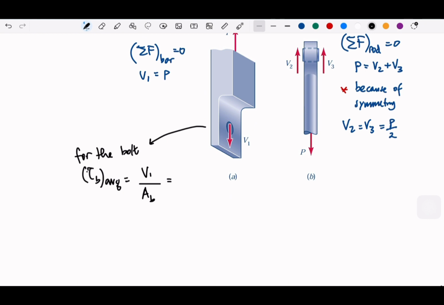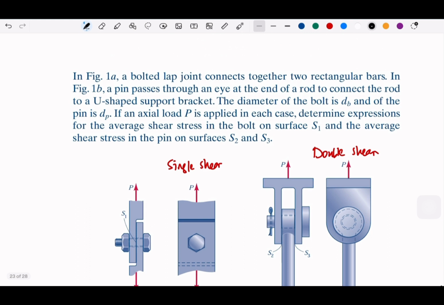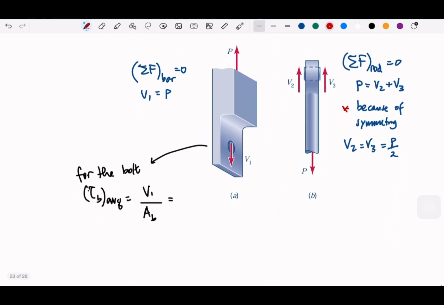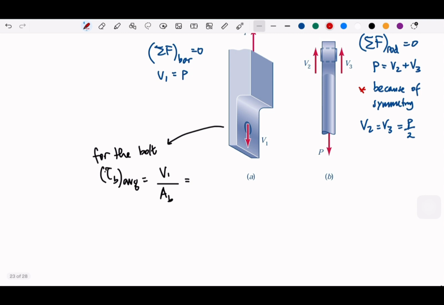The area is going to be defined by the diameter, d_B for bolt, and the diameter of the pin for the right one, so we are going to use that diameter in our calculations. V1 is P, so this will be P over pi, diameter B squared, and since I'm using diameter, we are going to divide by 4, so 4 is going to be here.